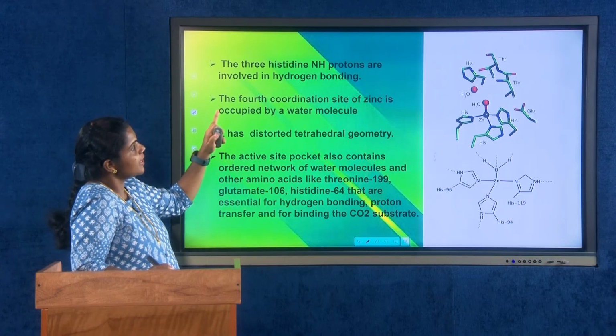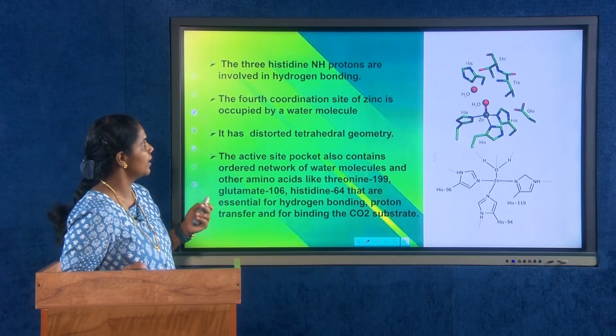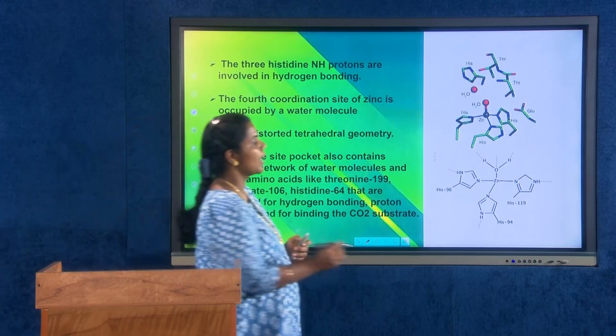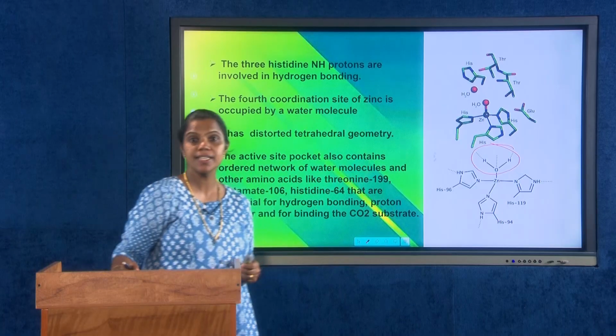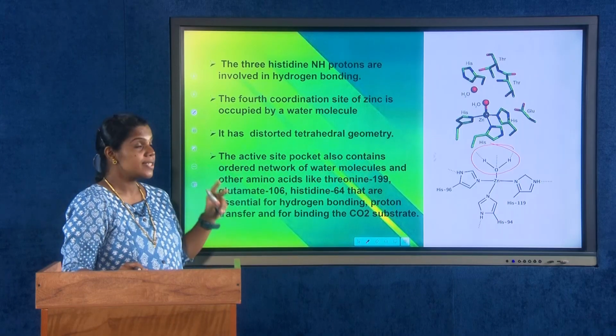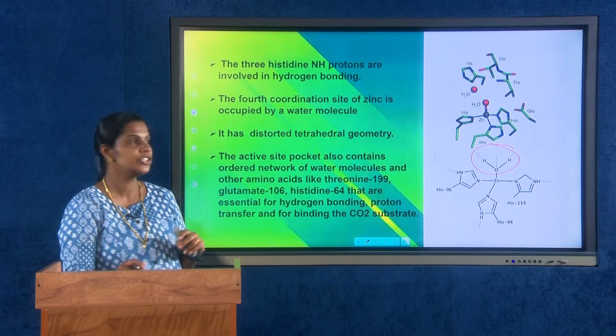The 3 histidine NH protons are involved in hydrogen bonding. The 4th coordination site of zinc is occupied by the water molecule. Now, let's see the geometry of this enzyme. It has a distorted tetrahedral geometry.